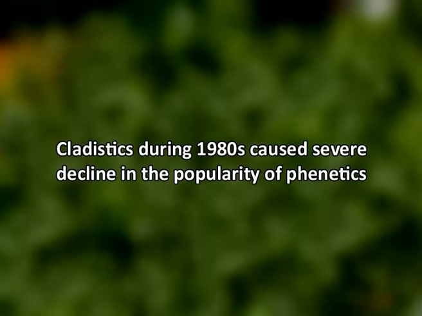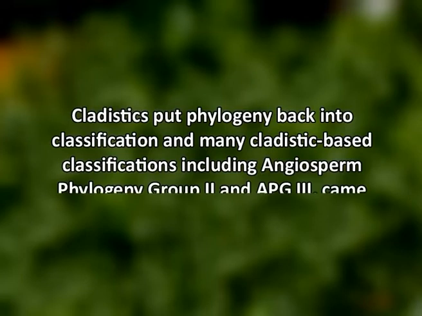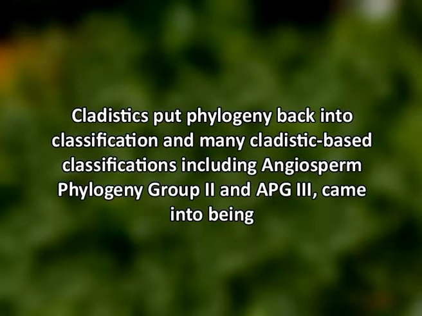It was viewed as an approach with great ability to differentiate clearly between characters and character states, proving useful in selecting characters more carefully and therefore circumscribing groups more precisely. However, the advent of cladistics during the 1980s caused a severe decline in the popularity of phenetics. Cladistics put phylogeny back into classification, and many cladistic-based classifications, including Angiosperm Phylogeny Group 2 and Angiosperm Phylogeny Group 3, came into being.